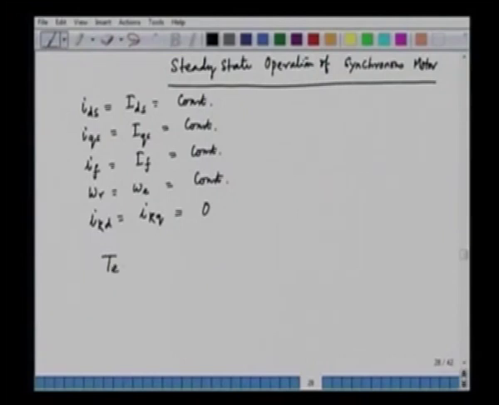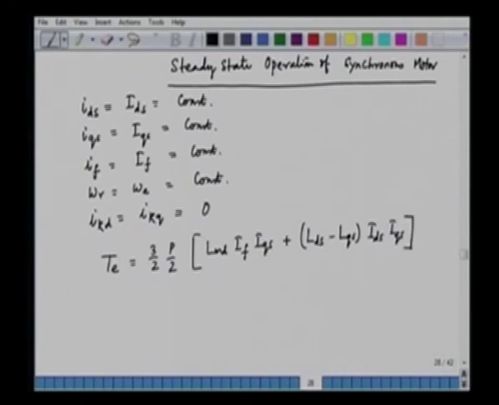Te was given by 3 by 2 into P by 2 into LMD IF IQS plus (LDS minus LQS) into IDS into IQS. So, this is the torque in terms of inductances. We can also express this torque in terms of reactances, because we know that the inductance can be obtained by dividing the reactance by the base speed.